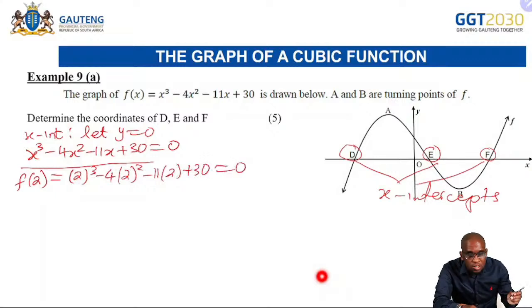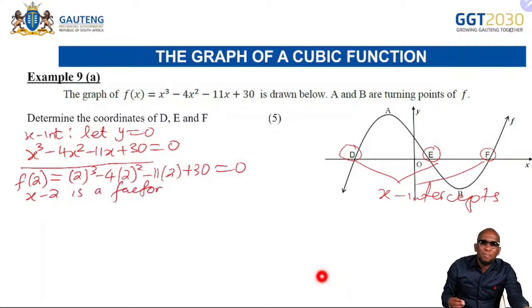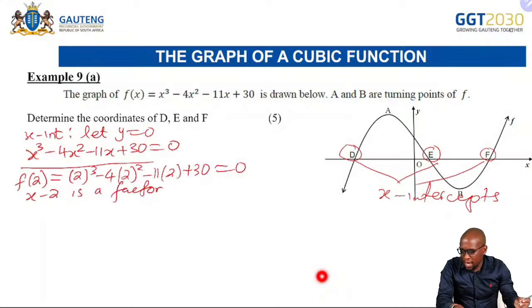This gives me 0, which means that x minus 2 is a factor. Remember, you use trial and error to find the one that gives you 0, because that would be your factor. So x minus 2 in this case is a factor.